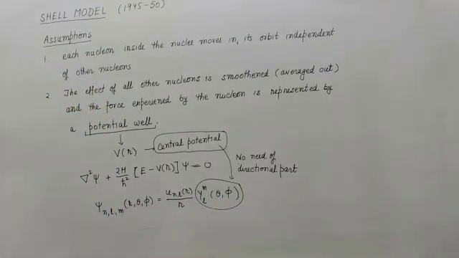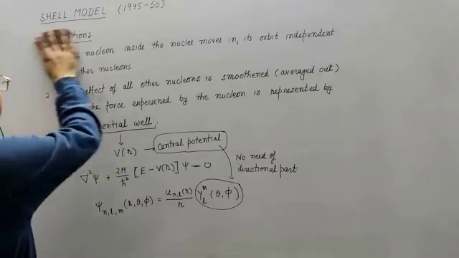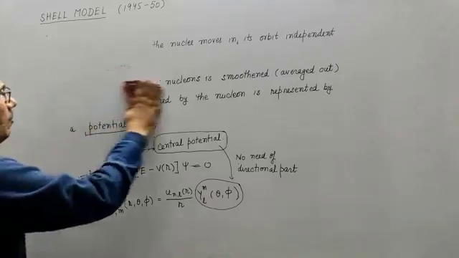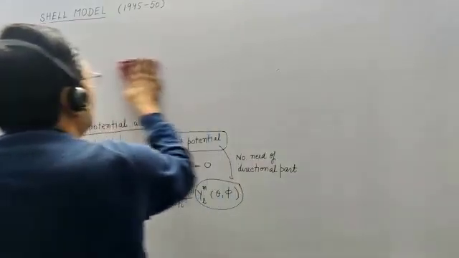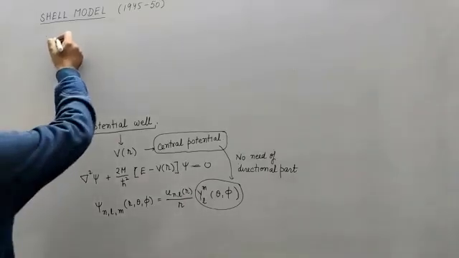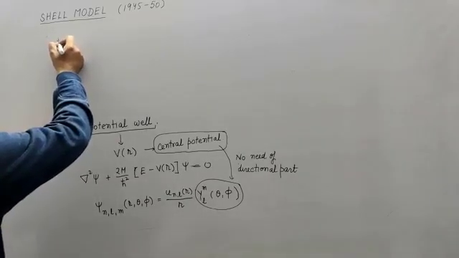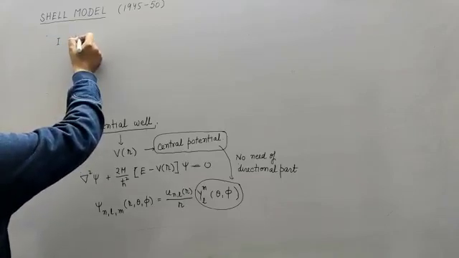Now different types of potential were chosen by the scientists. The 3 most important potentials chosen by nuclear scientists are as follows. The first and simplest was the infinite square well potential.